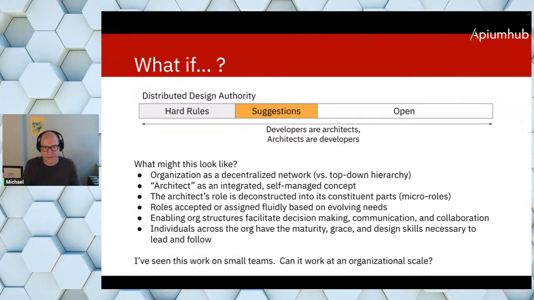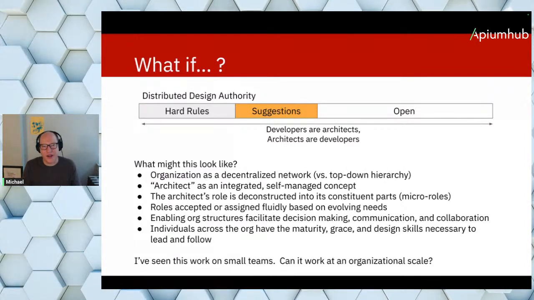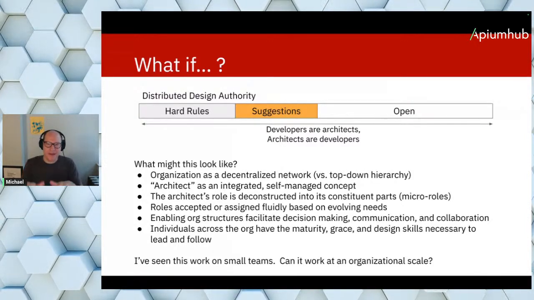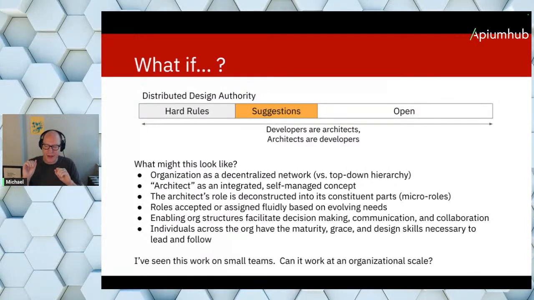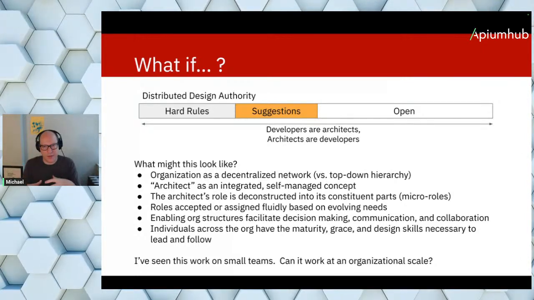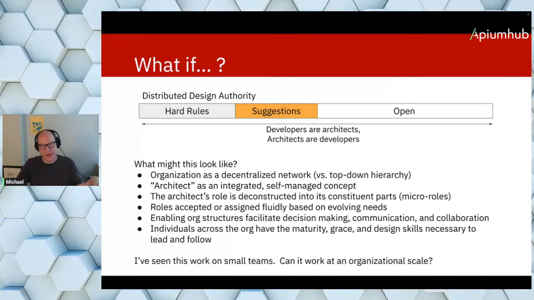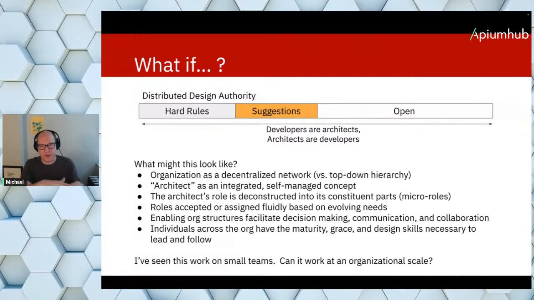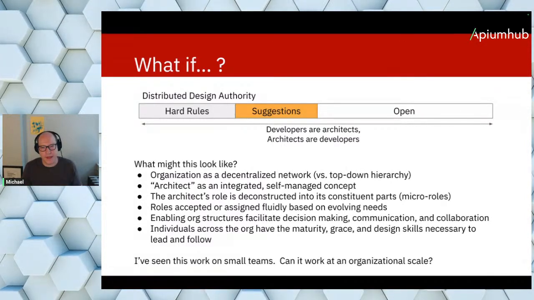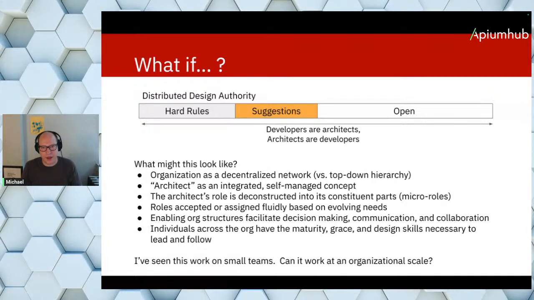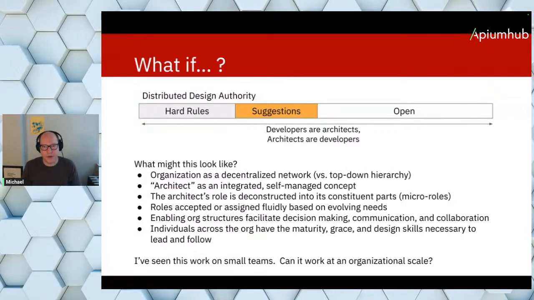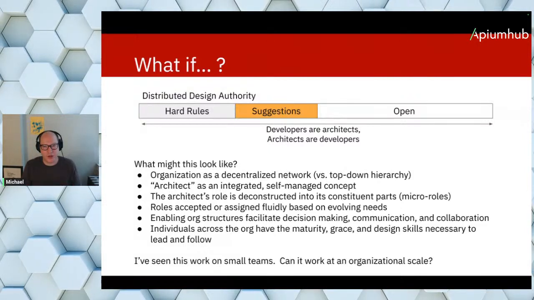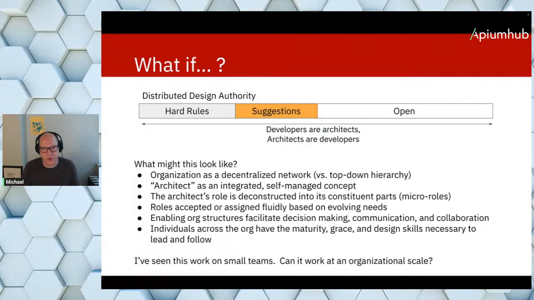The way we would think about process or structure within the organization would be completely different, right? Instead of having centralized authorities, we're bringing people together, figuring out ways to enable collaboration or just-in-time communication, effective decision-making when there is no single authority. And certainly there'd have to be things around maturity, grace, these design skills, making sure that those are completely available across the org.